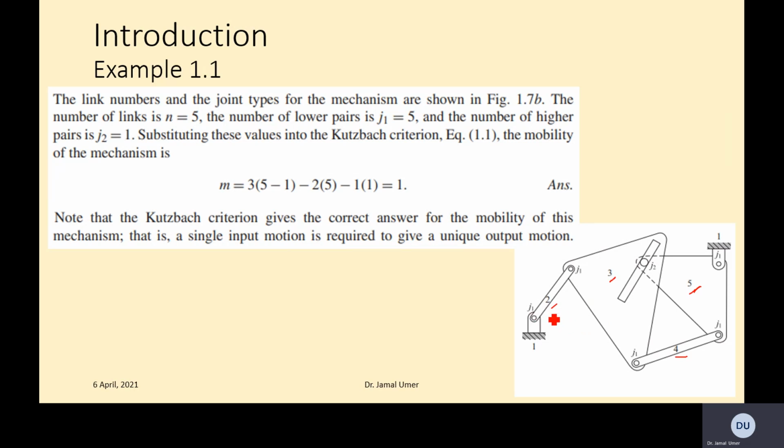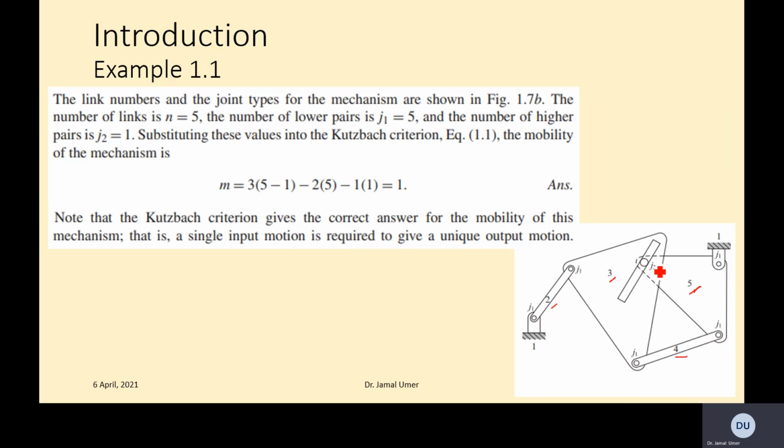It has 1 degree of freedom, so it can be defined through one angular movement. This is also J1, a revolute pair. This is also a revolute pair, this is also a revolute pair, and this is also a revolute pair.